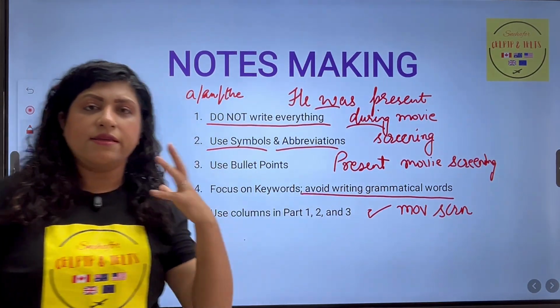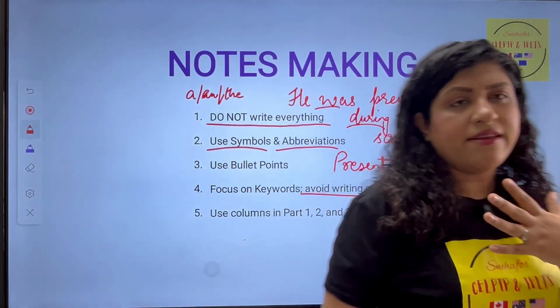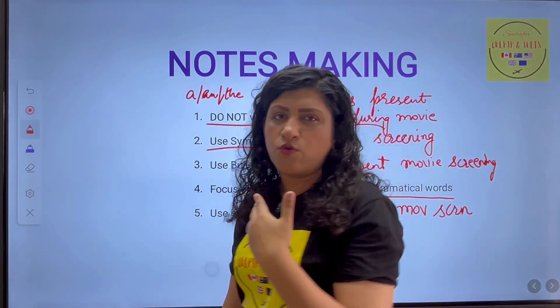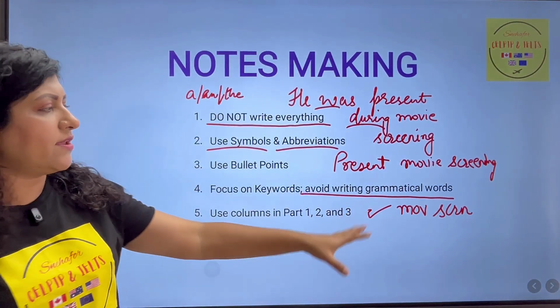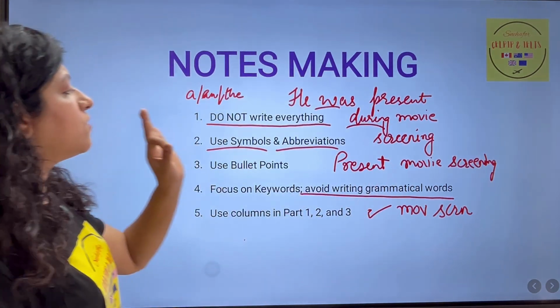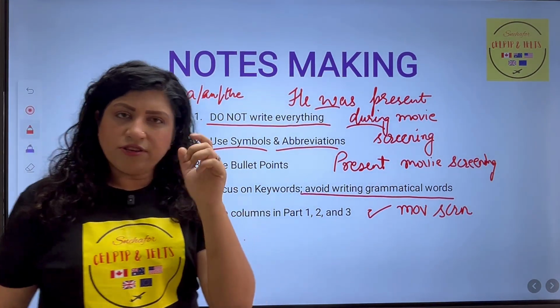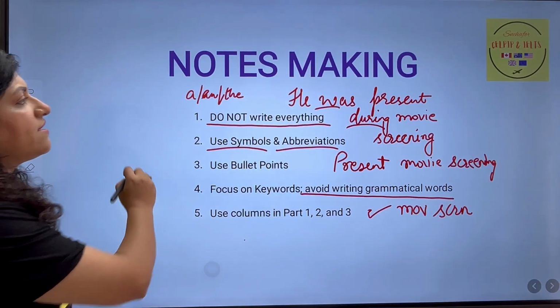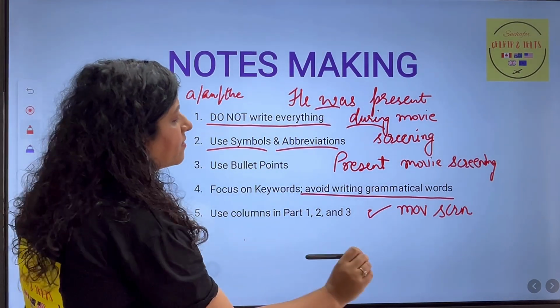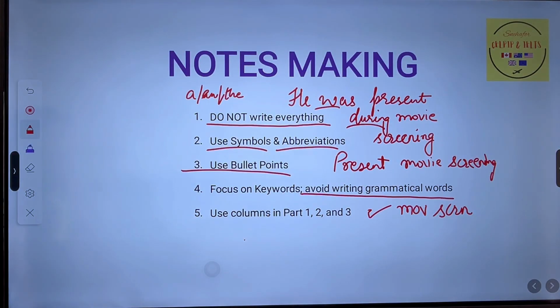Now my notes should be understood by me, right? No one is going to check my notes. Whatever I write over here, I should be able to read when I want to answer the questions. So make use of symbols, make use of abbreviations. And when the audio is being played, do not write your notes in the form of paragraphs. Always use bullet points because these are easier to read.